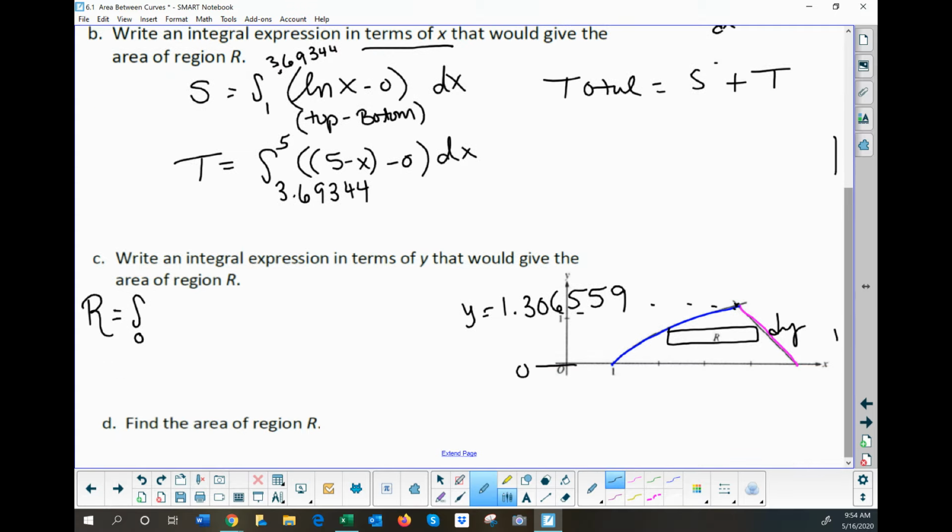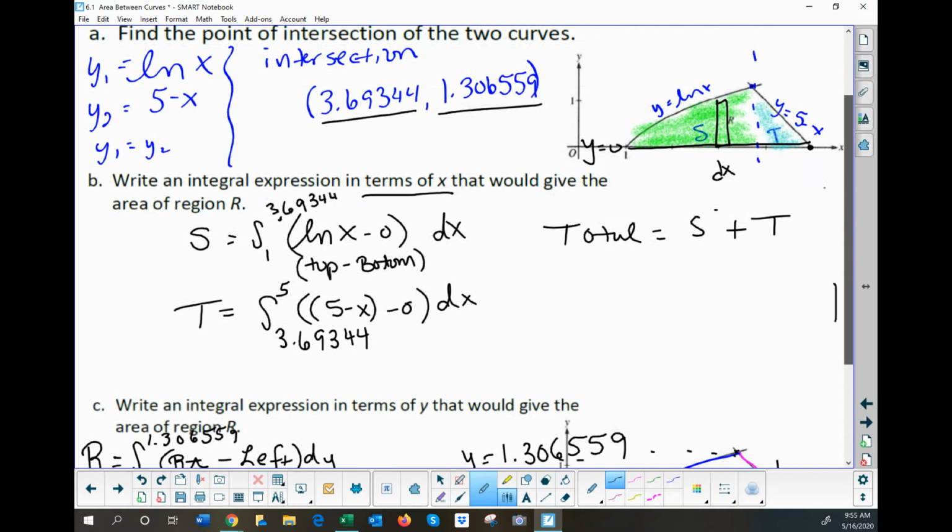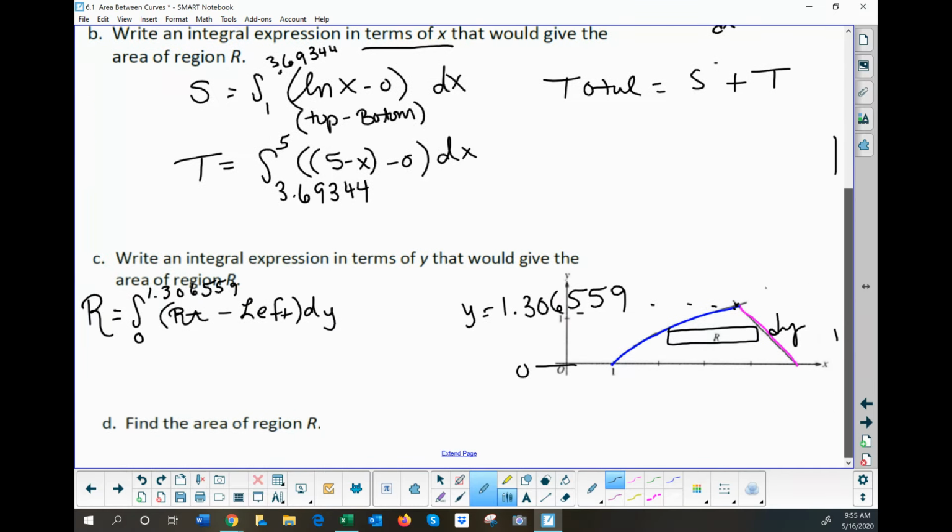So my integral is going to run from 0 to 1.306559. I'm going to take the right function minus the left function. Right minus left. dy. Oh, but my functions are expressed, weren't they expressed as x's? Yeah, this was y equals 5 minus x.